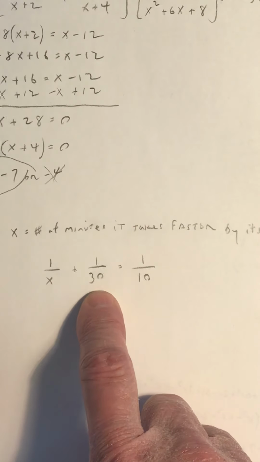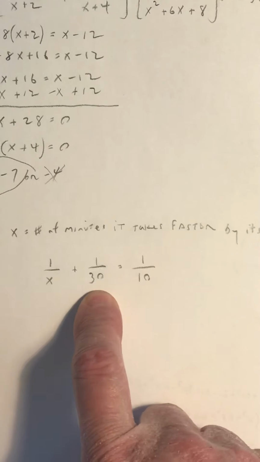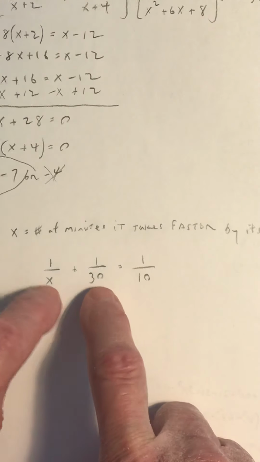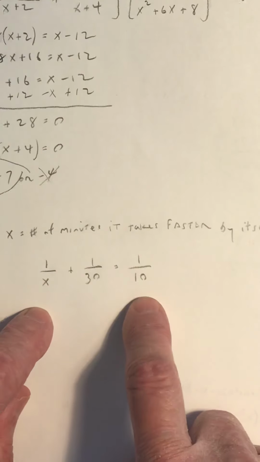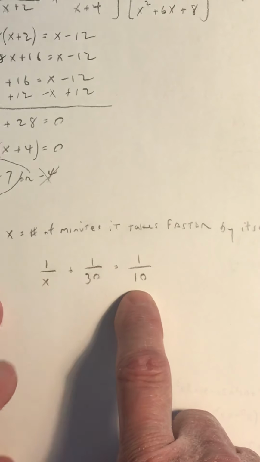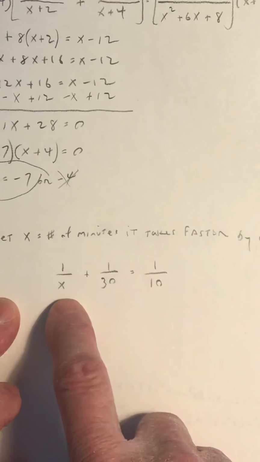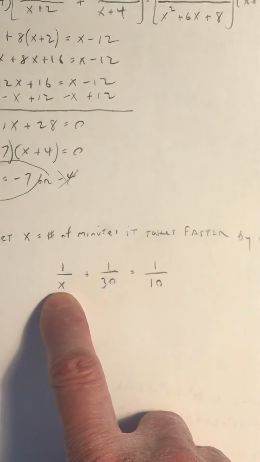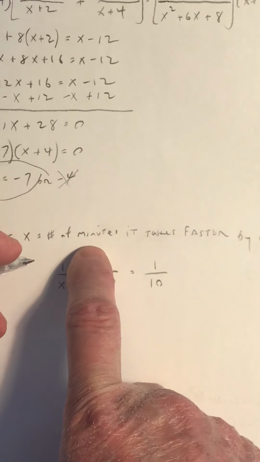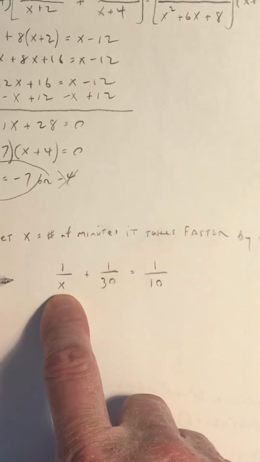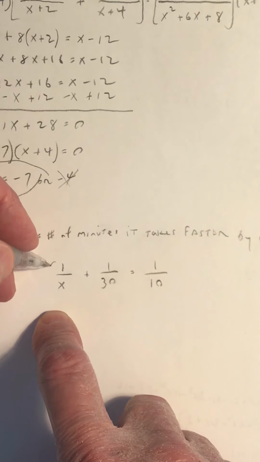The computer that takes 30 minutes to do the job gets 1/30 of the job done. It says that working together, it takes them 10 minutes, so working together, they get 1/10 of the job done. So if we solve this for x, that'll tell us what we want to know, how many minutes it would take the faster computer working by itself.